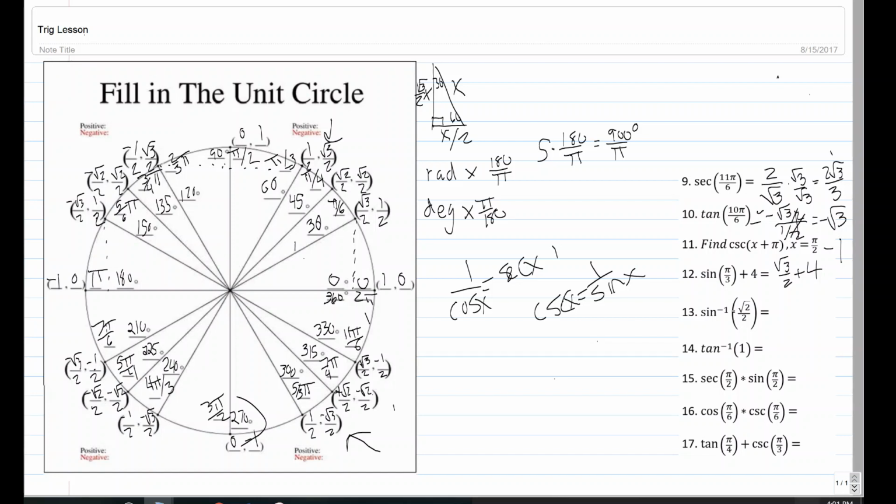Alright, the inverse sine of root 2 over 2. This kind of brings us to an interesting spot. The inverse sines. Some people kind of forget which domains the inverse sines work for. There's a really easy way to remember. For both sine and cosine, inverse, you're going to use the first quadrant.